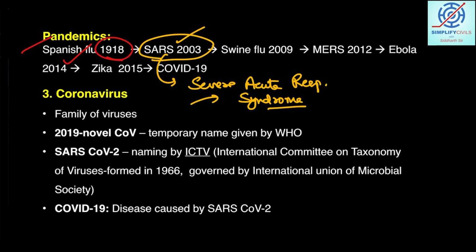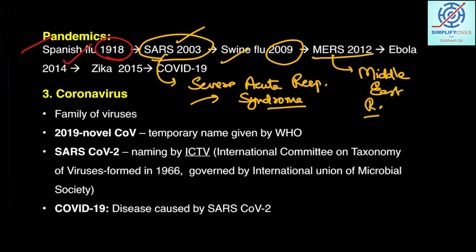Swine flu was declared a pandemic in 2009. However, H1N1 was seen as a major problem in 2016-17. And then there is another term, MERS in 2012. MERS is Middle East Respiratory Syndrome. Okay?